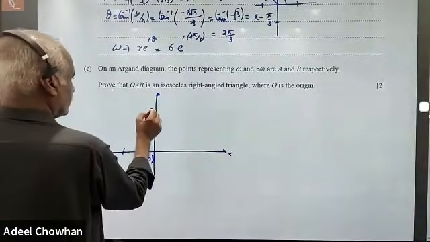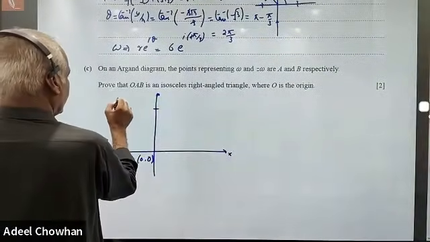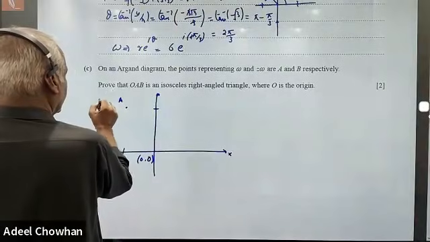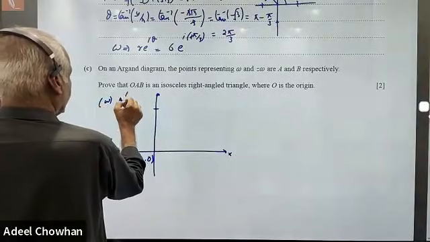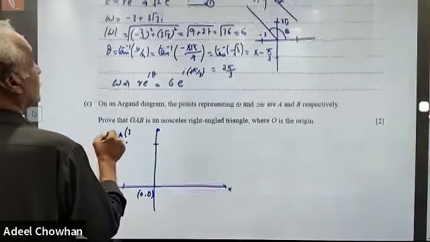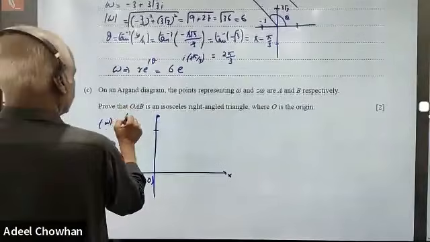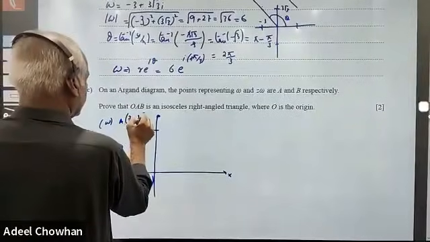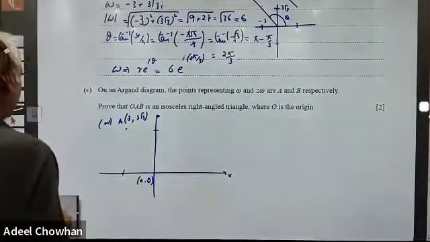So this is the position of A that is going to be represented by w, and that is equal to minus 3 and 3 root 3.